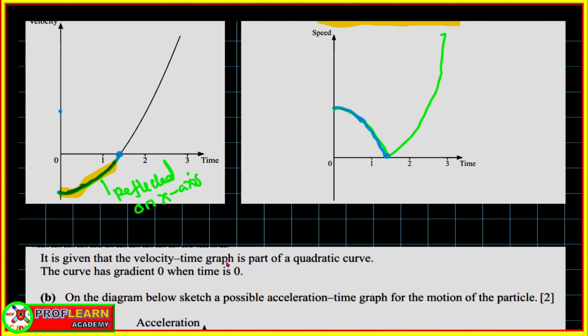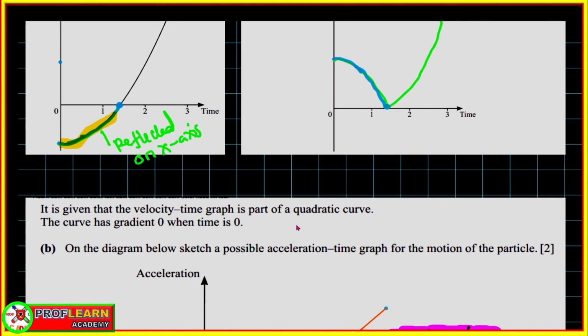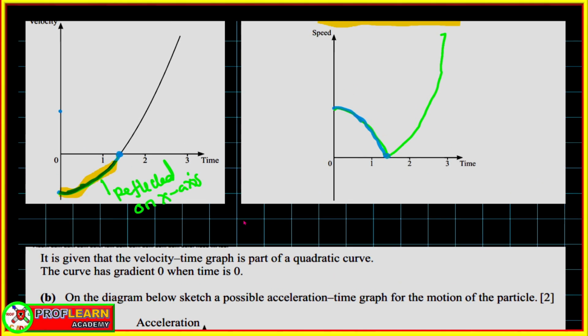It's given that the velocity time graph's part of the quadratic curve has gradient 0 when time is 0. So meaning that if the gradient is 0 when time is 0, then the gradient, the acceleration, is also 0.